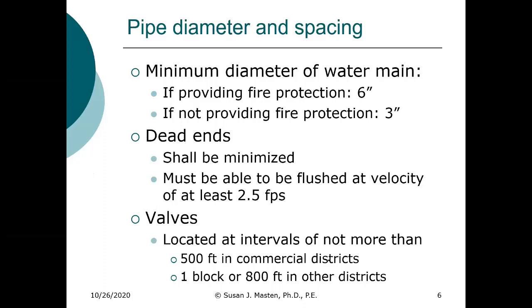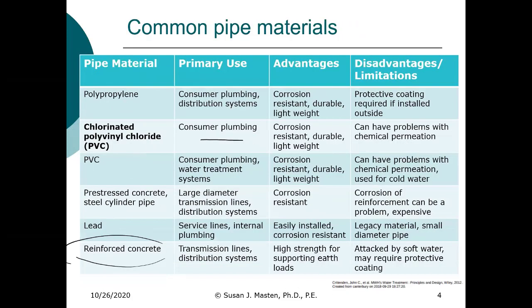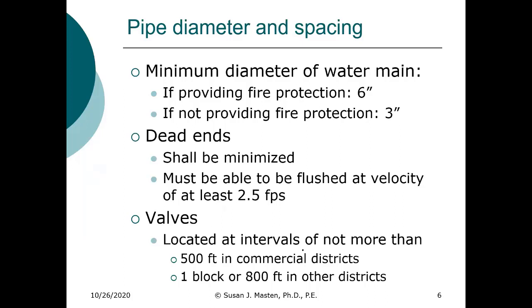Just to give you some sense in terms of sizes of pipes, looking back here at this water main. If you're providing fire protection, which in many cases communities are, so anywhere you see fire hydrants, they're using the water from the distribution system to provide fire protection.